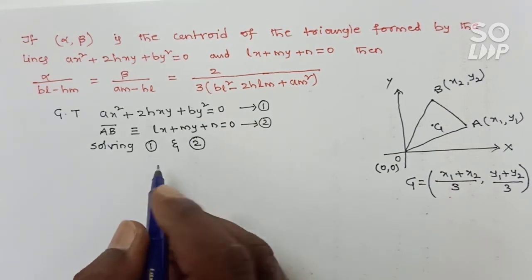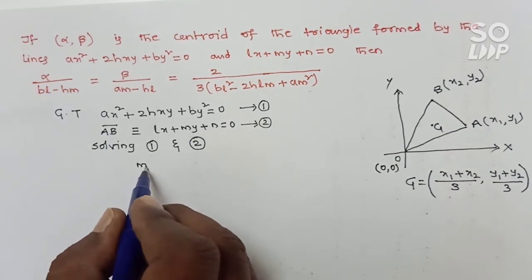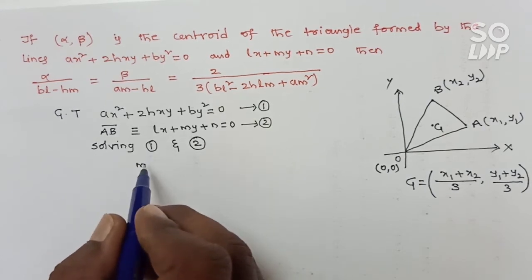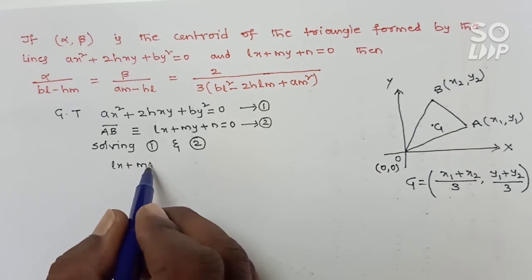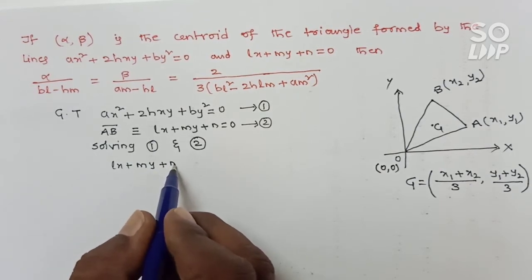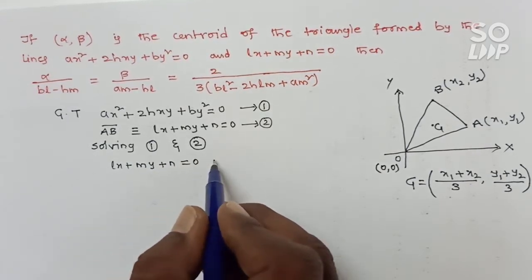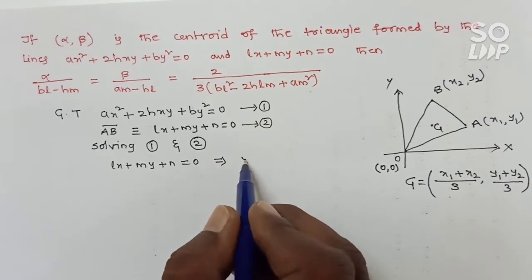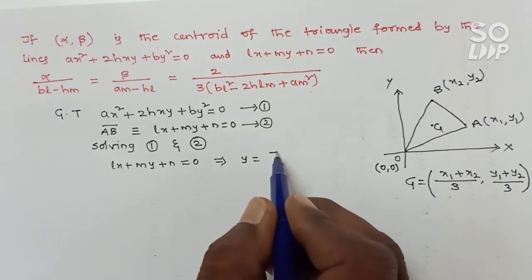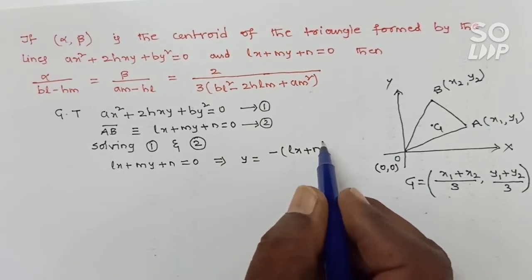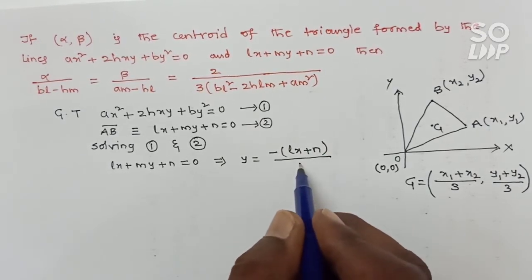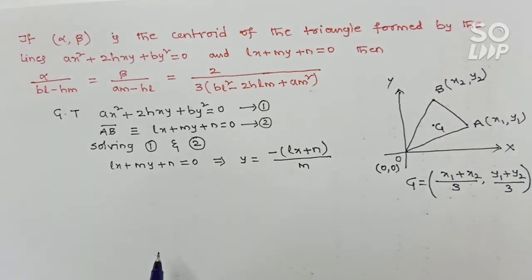From the second equation, Lx plus My plus n equals 0. Now from this we can write y equals minus of Lx plus n whole divided by m. This is the y value.